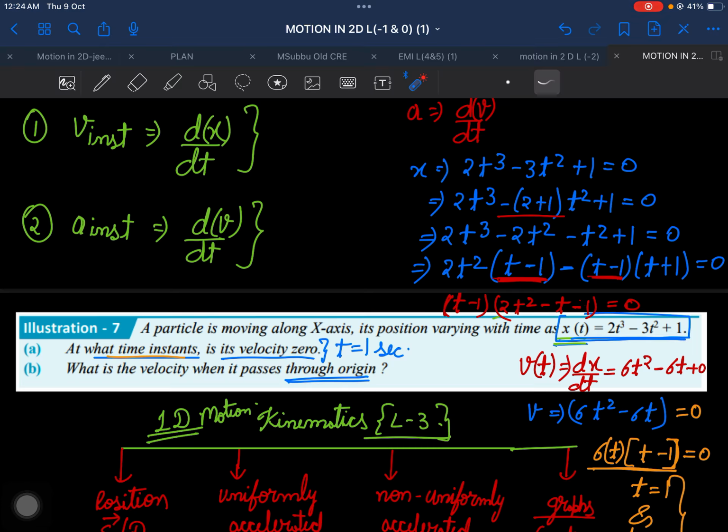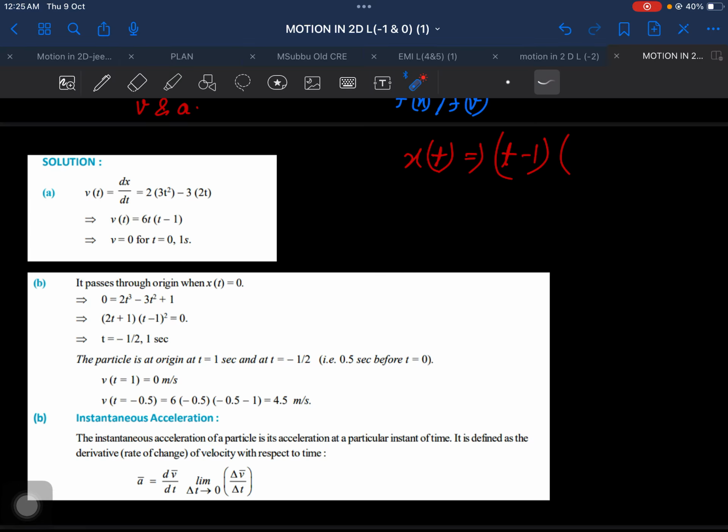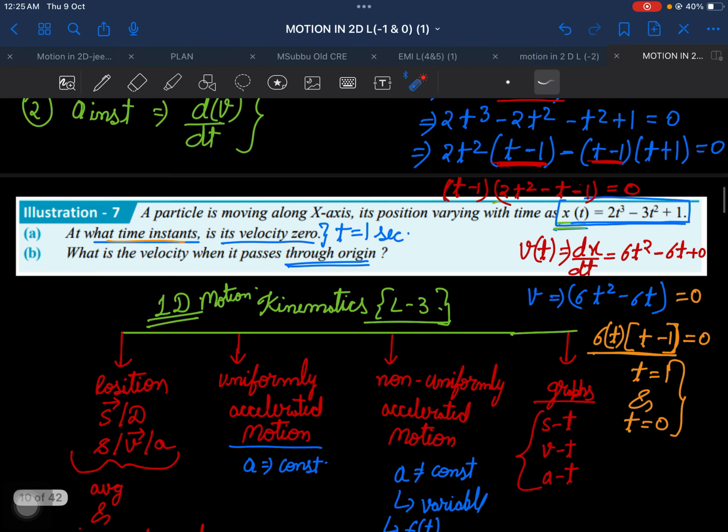And here we have taken common 2t square, and inside we have t minus 1, and here we have taken t minus 1 and t plus 1. No problem here. So the factorization of this is done like this. Maybe there is some problem, I think.